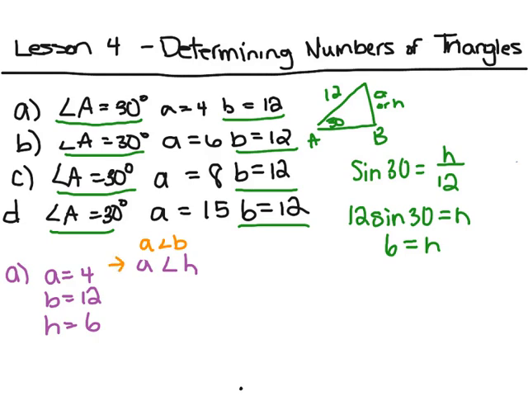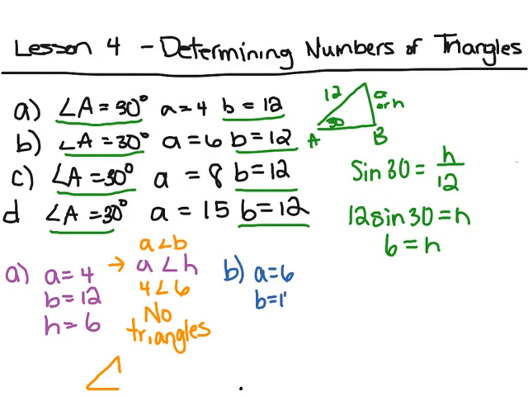Now we're going to do A is less than H. And because 4 is less than 6, there's no triangles. If you were to sketch that triangle, it would look like this. It wouldn't actually fit.